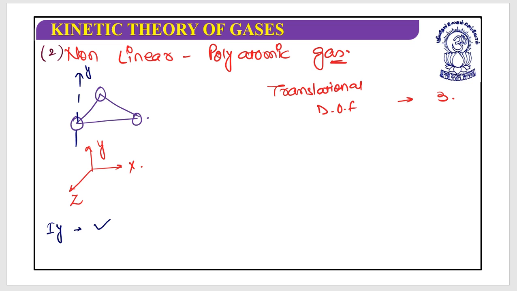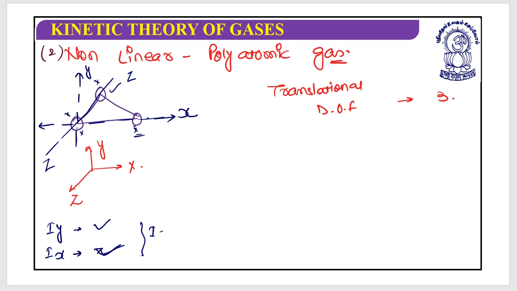If I pass my rotational axis from here, it's Ix. This and this could not rotate, but this could rotate, so I must say Ix, yes. And if I pass my rotational axis from this, let's say this is Iz, then this and this are not going to rotate, but this is going to rotate, so it's Iz. It would be yes. So the rotational degree of freedom would be equal to 3.